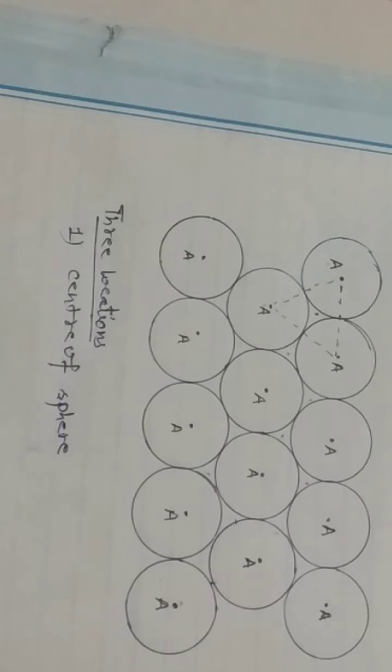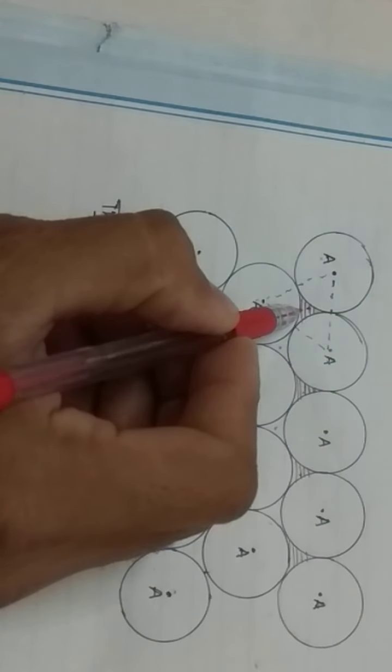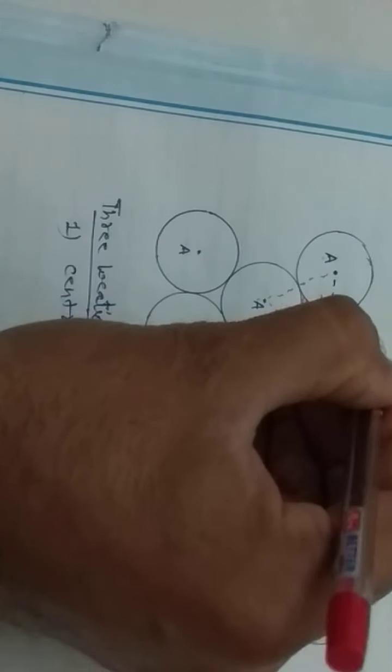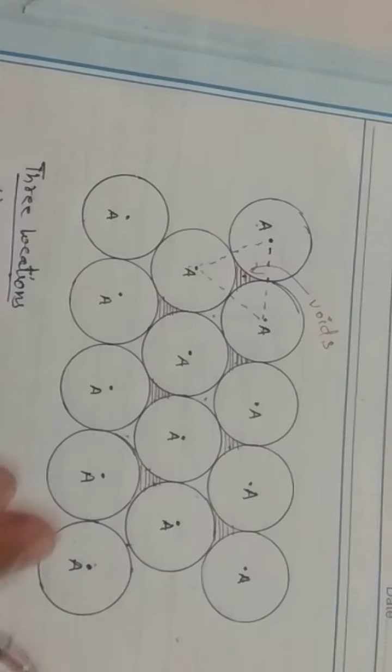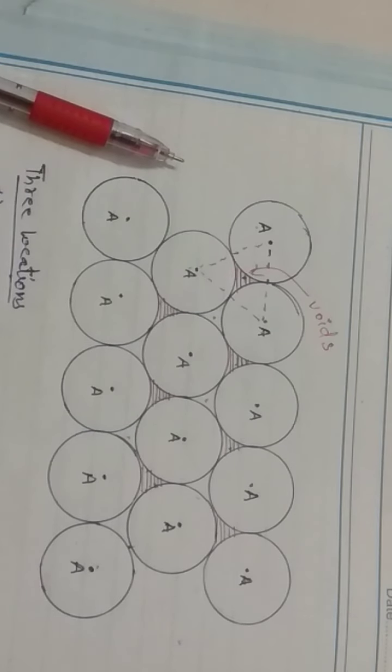Okay, so then it will look like, okay class, you see here these empty spaces which are unoccupied, we call them voids. These are called voids. Okay class, so now let me adjust the focus so that you can see the different colors very clearly.